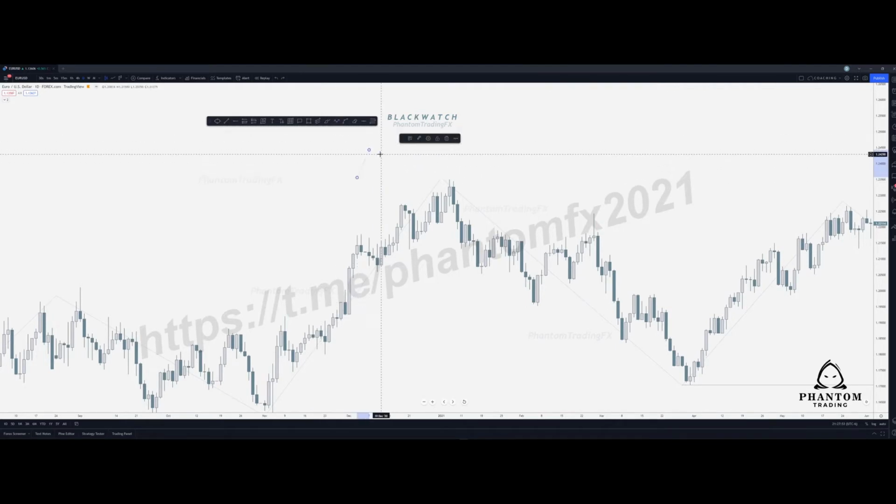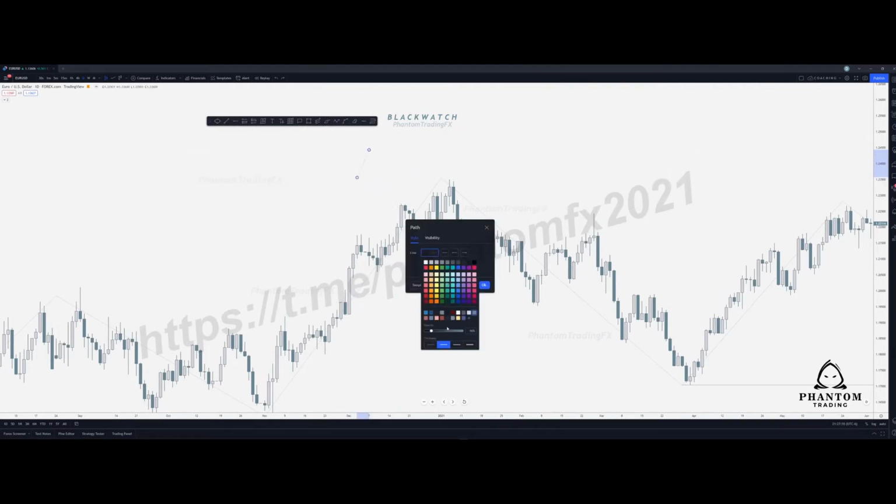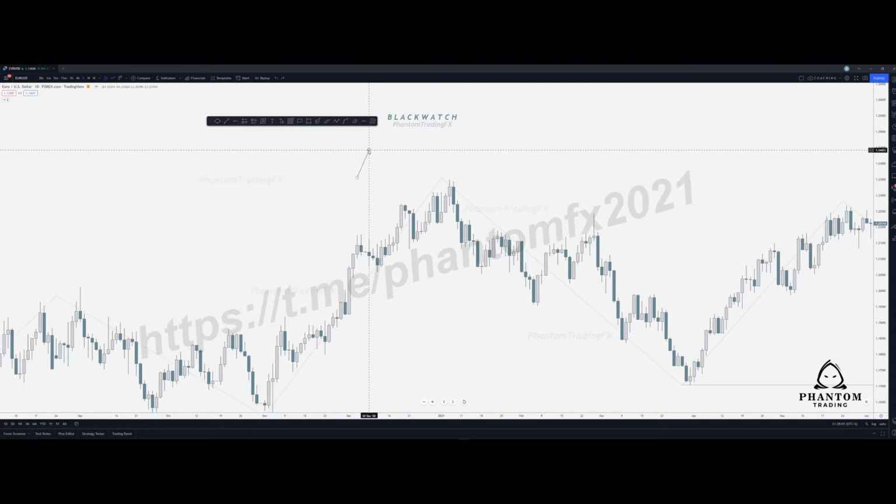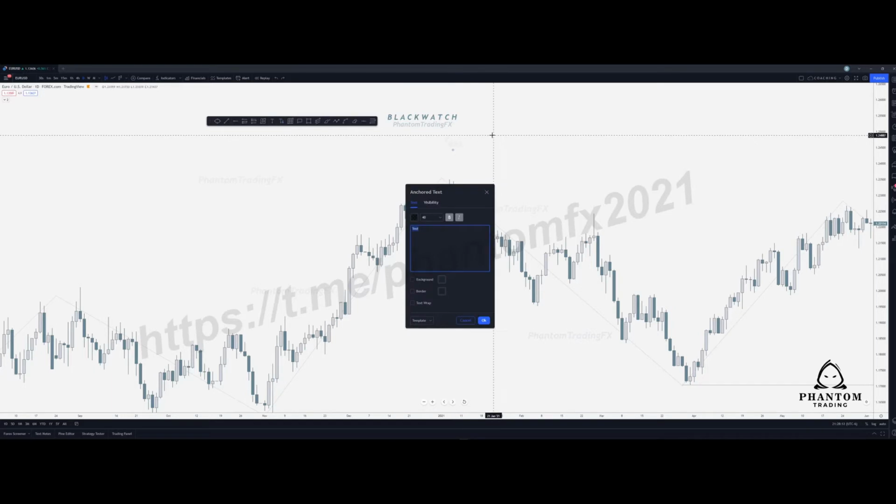So at this point, we'll just start. I'm going to change the color and just go to red. Here we had, this is what I'm going to do. Higher high. What's a high visibility color?